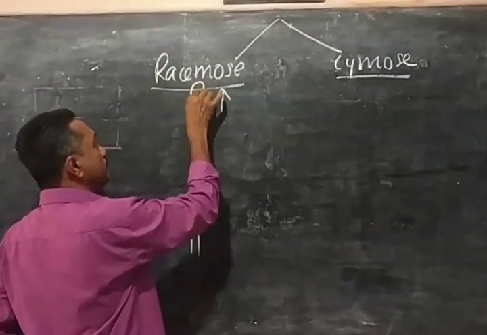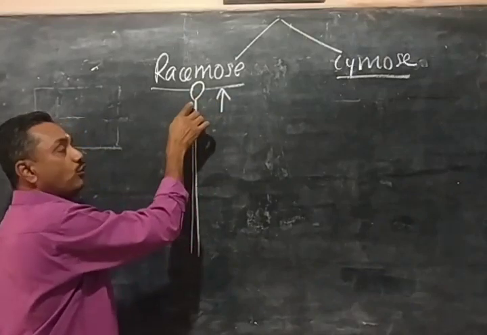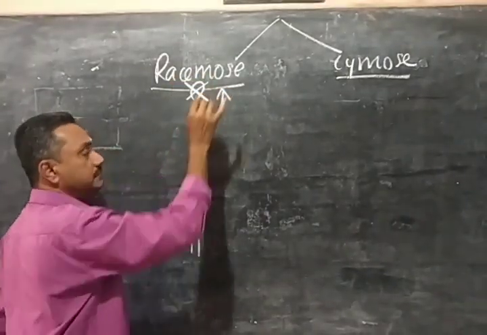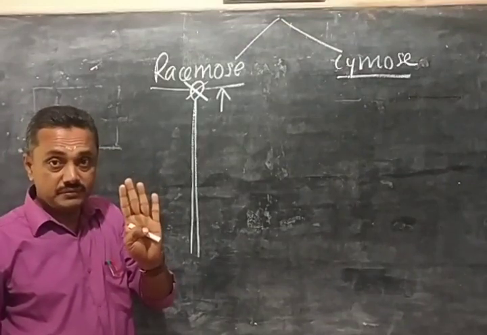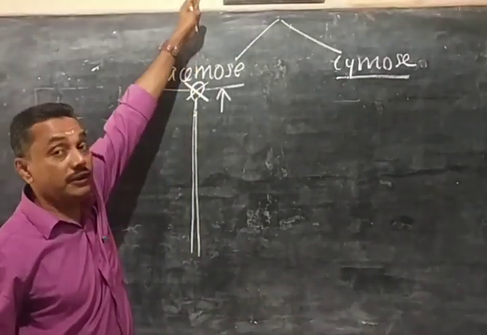At the tip of the inflorescence there is no flower, so I will mark it like that. Never ending in a flower, because it will grow continuously.